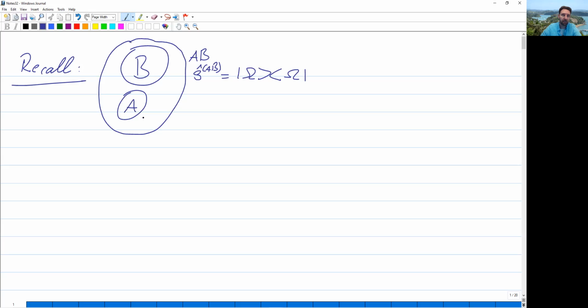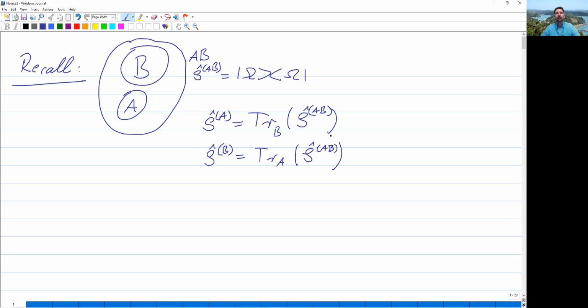And then we saw that the density matrix of system A, rho hat A, is obtained by taking the trace over system B of the density matrix of the full system, and the density matrix of system B is analogously obtained by taking the trace over system A of the density matrix of the full system. We say in this case that we trace out system B or we trace out system A.